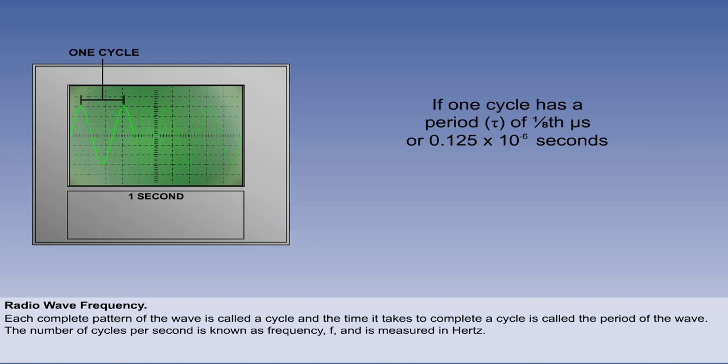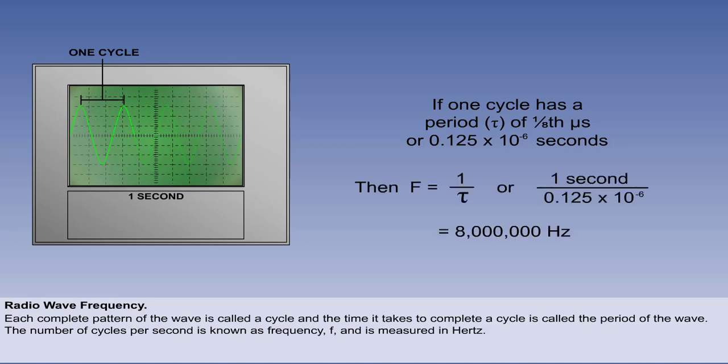If a radio wave takes 1/8 of a microsecond to complete one cycle, that is 0.125 of a microsecond, we can see that it has a frequency of 8 million cycles per second, or 8 million hertz.